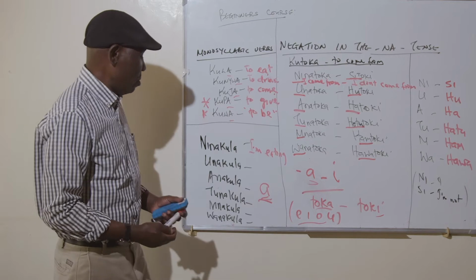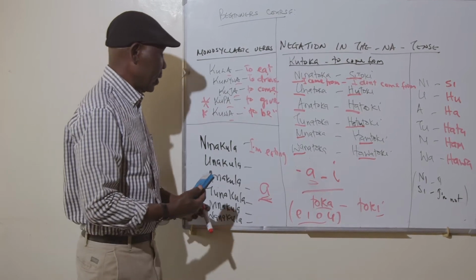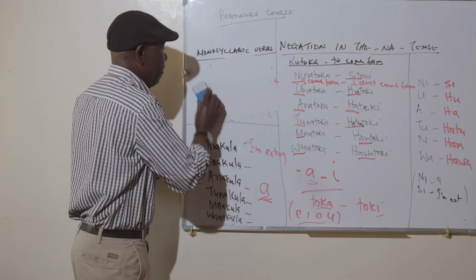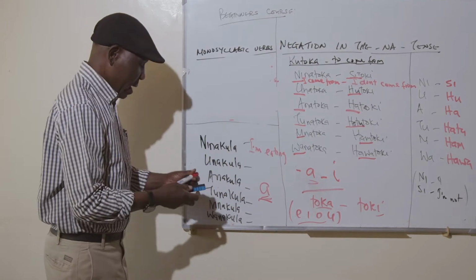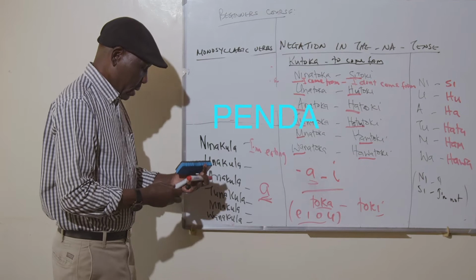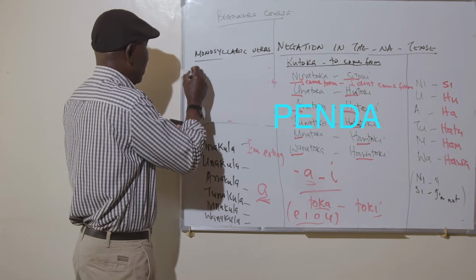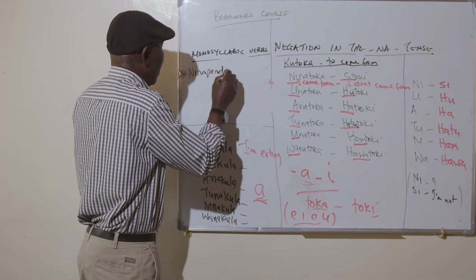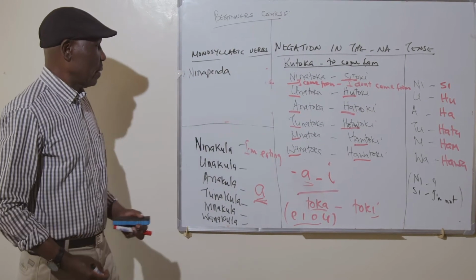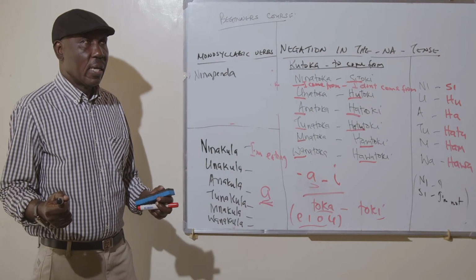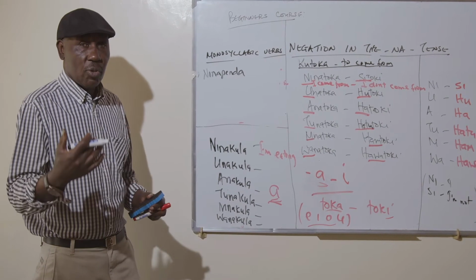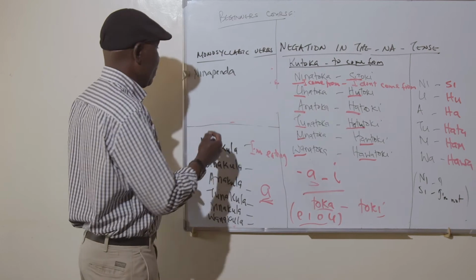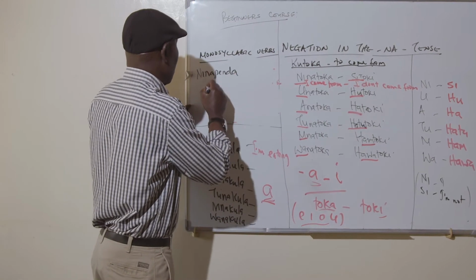Let's now look at some other verbs. Let me have the verb penda. You want to say ninapenda. First of all, some technicalities you notice in this negation: if you negate, ninapenda becomes si.